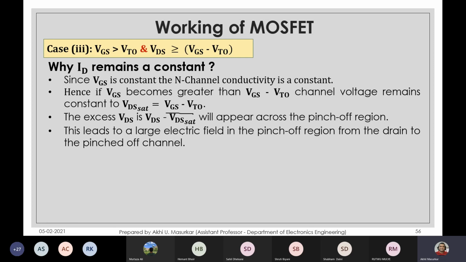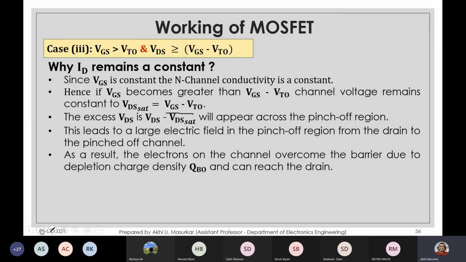This leads to a large electric field in the pinch-off region from the drain to the pinched-off channel. As a result, the electrons in the channel overcome the barrier due to depletion charge density QBO and can reach the drain.